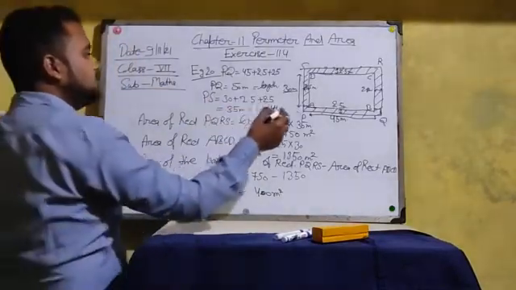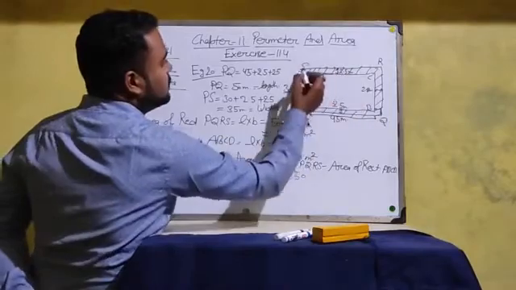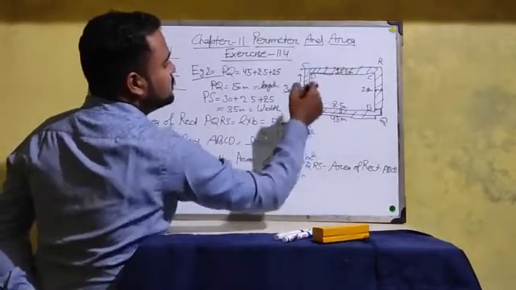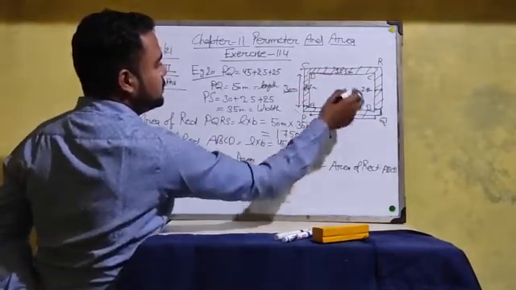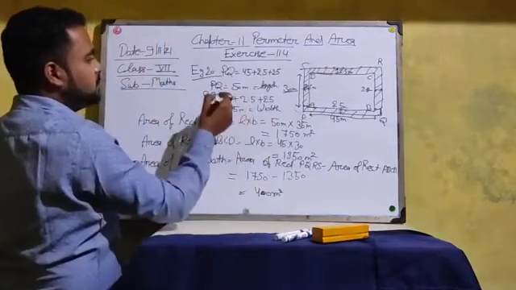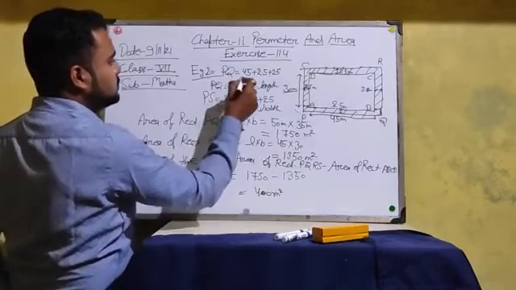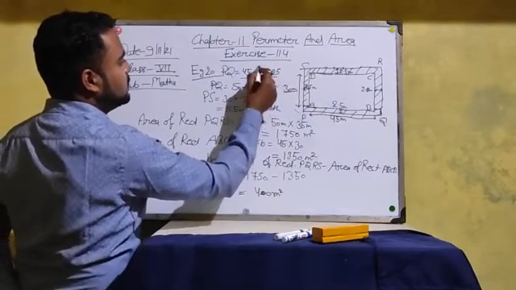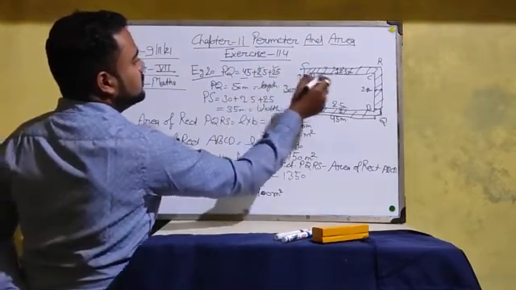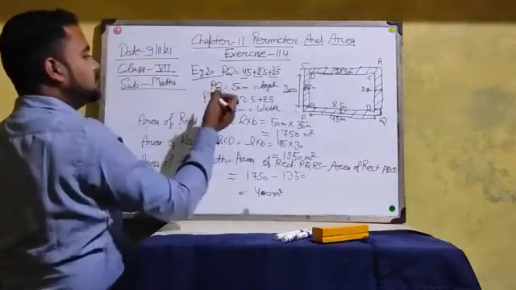So first we have to find the area covered by the outer boundary, that is rectangle PQRS, and for that we have to find the length of the outer boundary, which is equal to 45 plus 2.5 plus 2.5. 2.5 is this side of the boundary and this side of the boundary.